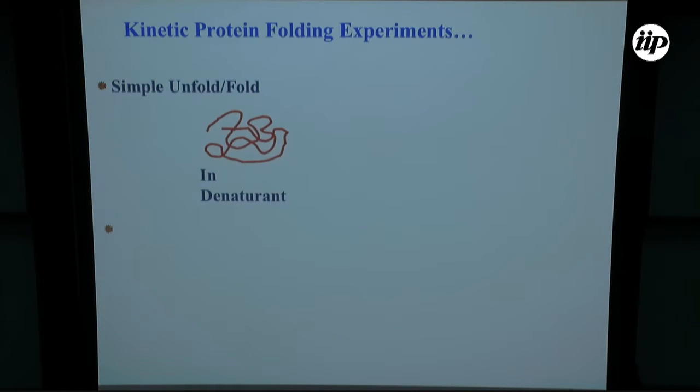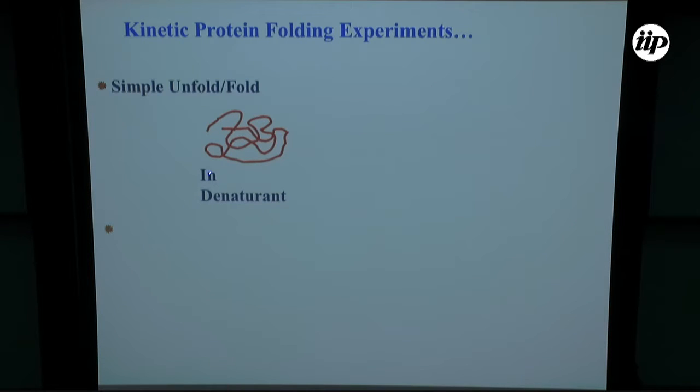And if you're doing chemical denaturation, normally what you will do is you will mix the protein with no urea or guanidinium with whatever concentration of guanidinium that you want, and that will induce a shift to the unfolded state. Or you could do it in reverse, right?